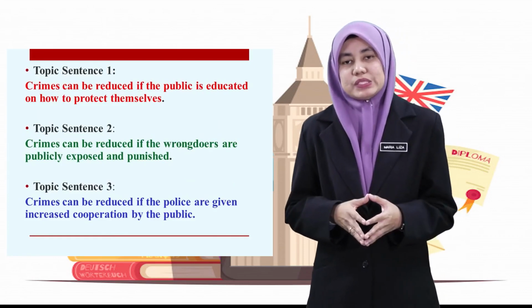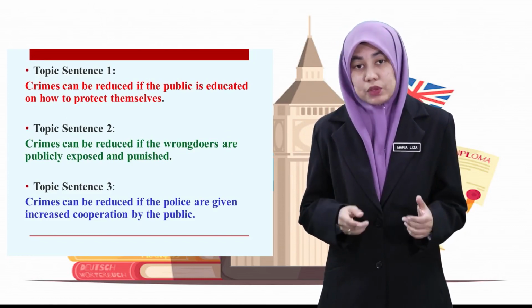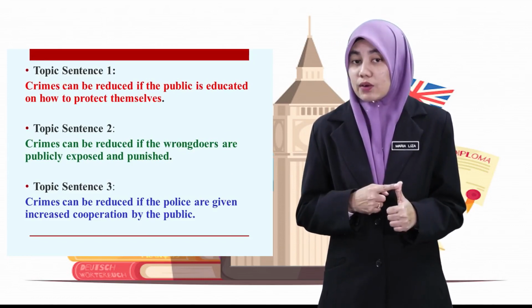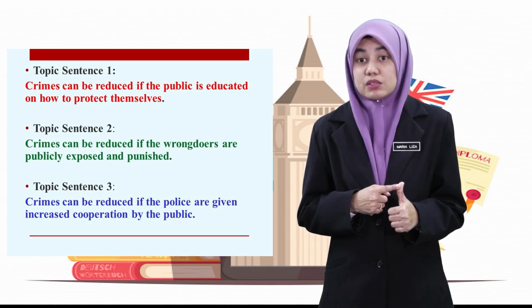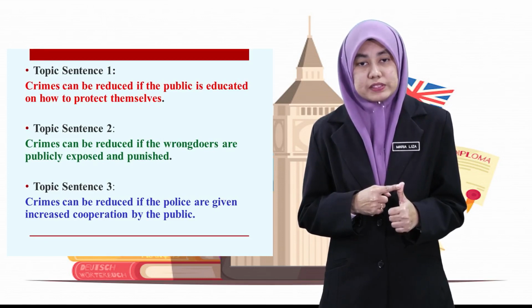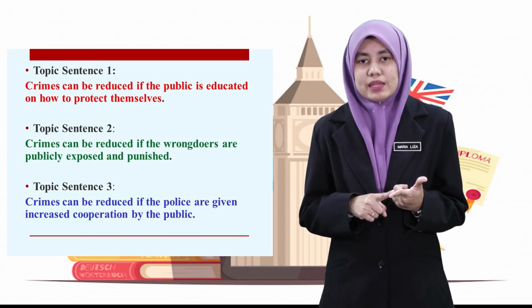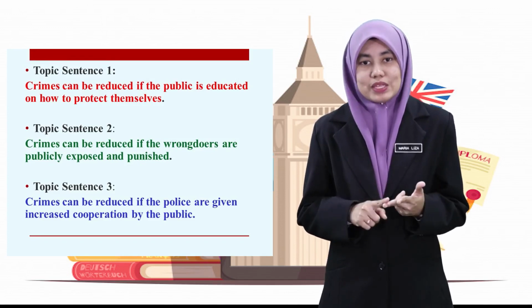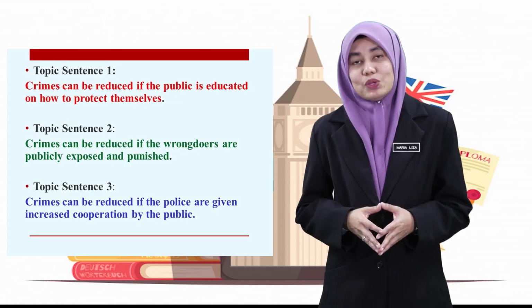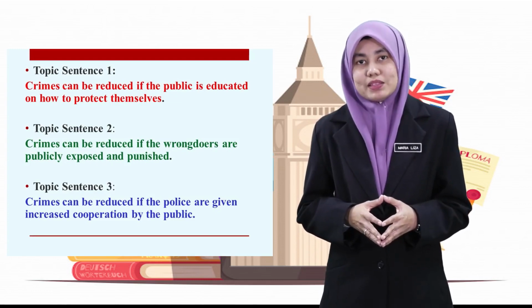From this thesis statement, we can draw three main ideas. The first topic sentence: crimes can be reduced if the public is educated on how to protect themselves. The second topic sentence: crimes can be reduced if the wrongdoers are publicly exposed and punished. And the third one: crimes can be reduced if the police are given increased cooperation by the public.